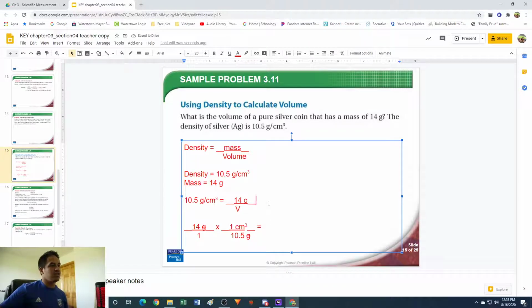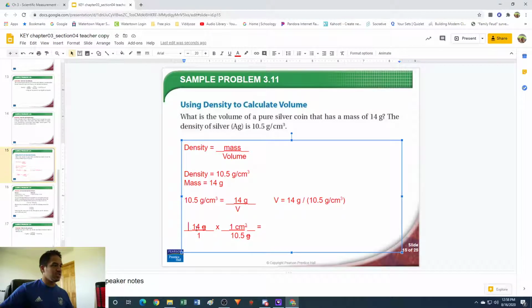Now, either way, whatever you want to do to solve this problem, you're going to do the exact same math. If we do it this way, we do some algebra, we move some variables around, we basically get V is equal to 14 grams divided by 10.5 grams per cubic centimeter. If you know how to do algebra, this is the math that you'd get.